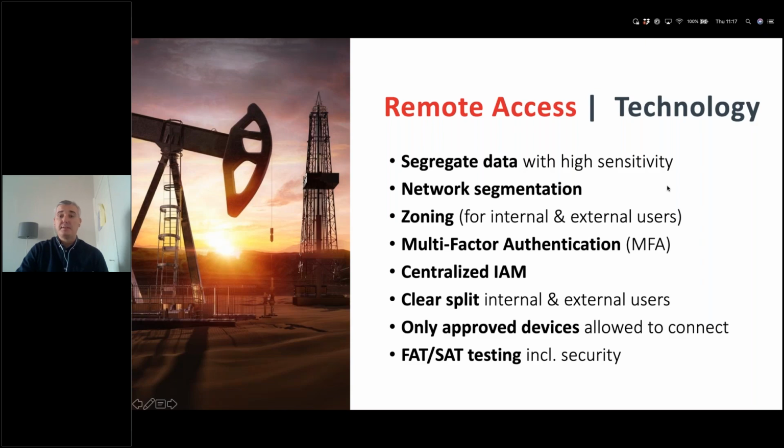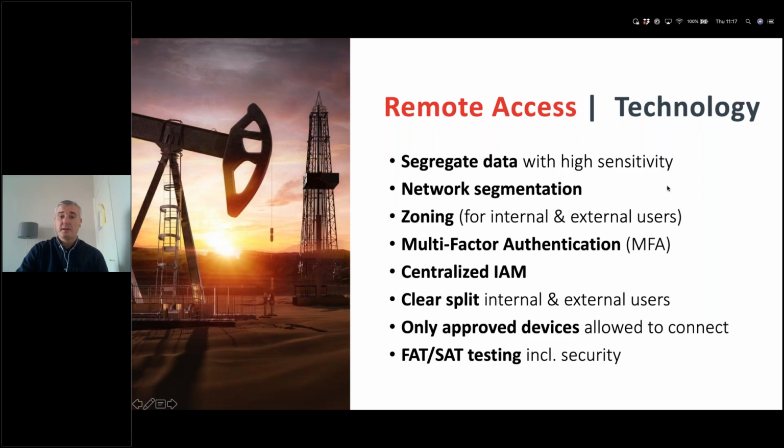We have to understand the environment, and all the connections that are remotely created have to be monitored in such a way that at any time we should be able to find who is connected to our environment and why. Therefore, we have to use only approved devices.